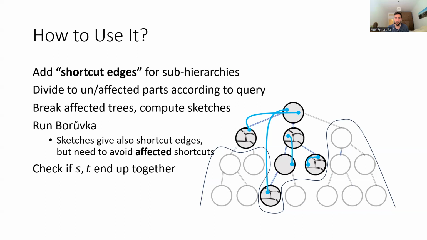So here we crucially use the fact that the hierarchy ensures no lateral intra-part edges and that we added these shortcut edges to argue about the correctness of the Boruvka algorithm, meaning that at the end of the Boruvka, we can check if S and T ended in the same piece, and this will imply whether they are connected or not in the original graph G.